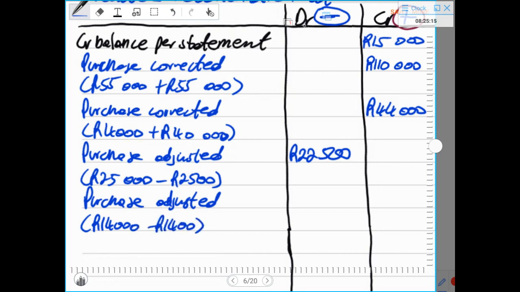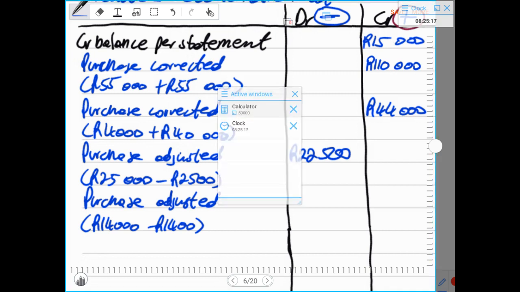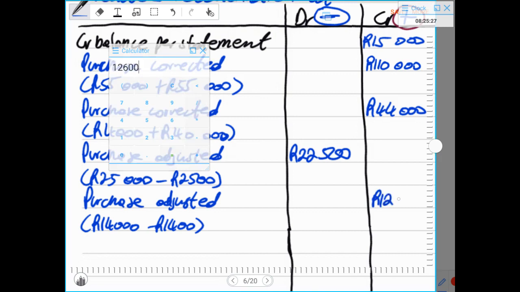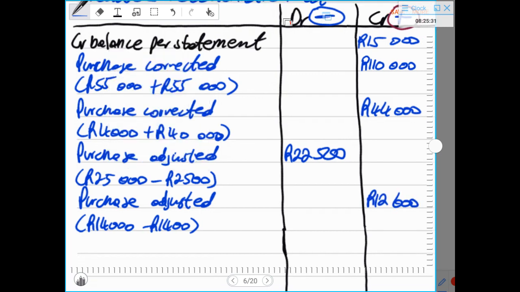Therefore, the difference should be added, and we add on the credit side. 14,000 minus 1,400. Therefore, that means 12,600 should be added back, because our credit side from our point of view is running short of 12,600 rands.